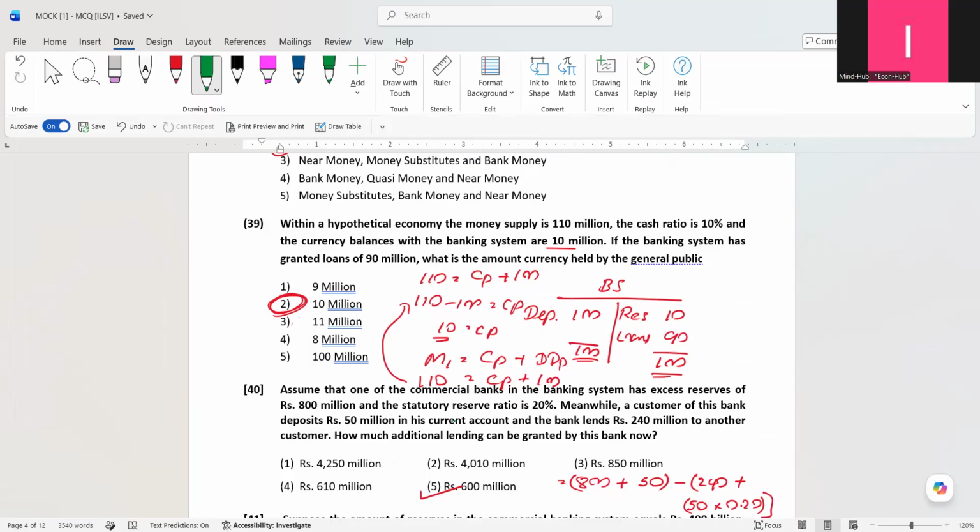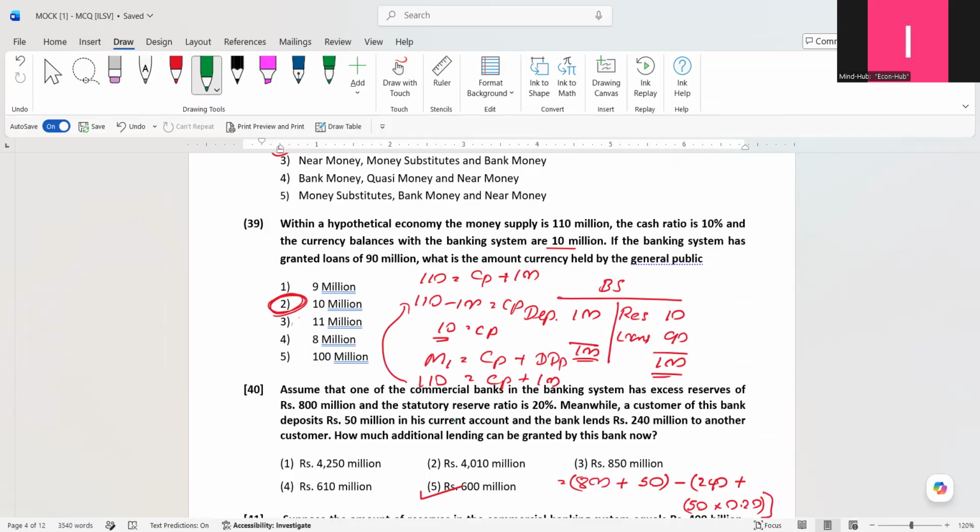So that means the reserve ratio is 10% now. 10% of 100 is 10. So if you keep 10 as reserves, the balance 90 is given as loans. So 10 plus 90, 100. That means deposits should be 100. So I added the asset side and found the liability side, that is, deposits are 100.